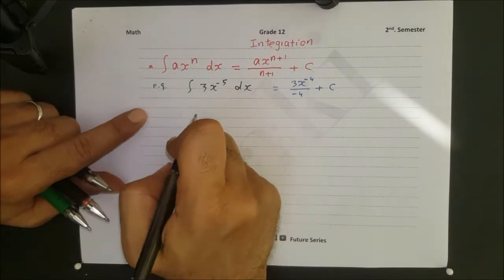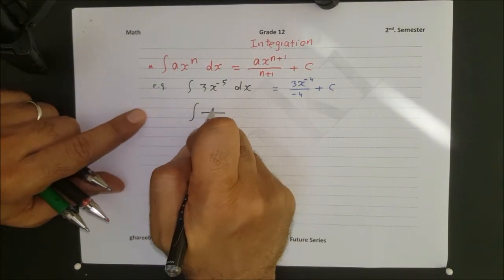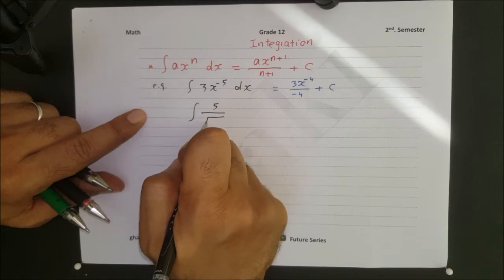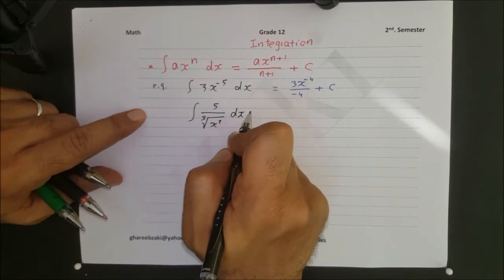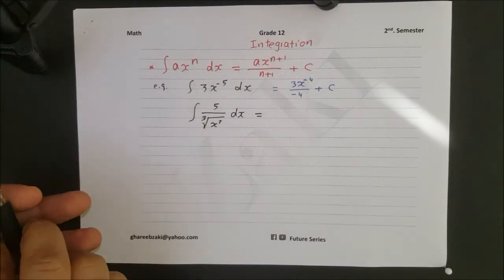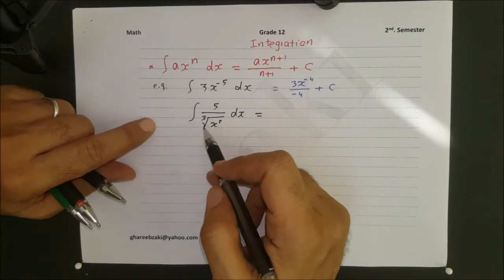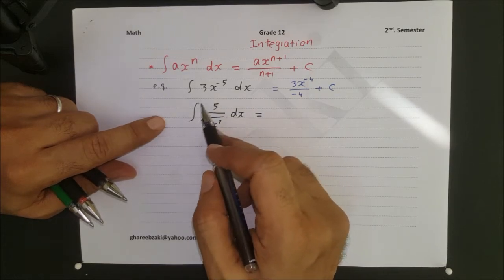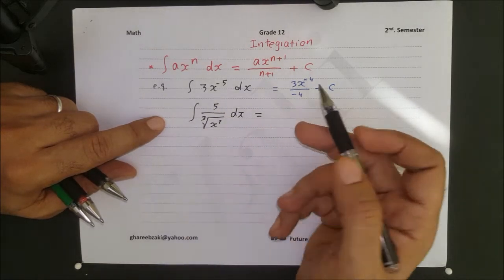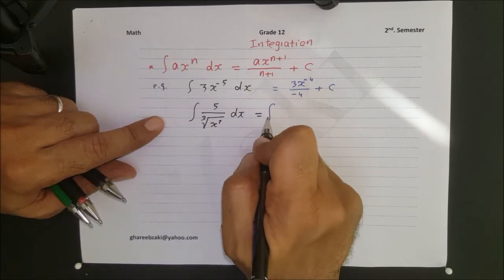Another example, integration of 5 over the cubic root of x squared dx. How can we solve? First step, we have to simplify. We have to write this as a x to the power. 5 is a constant, so we write 5.